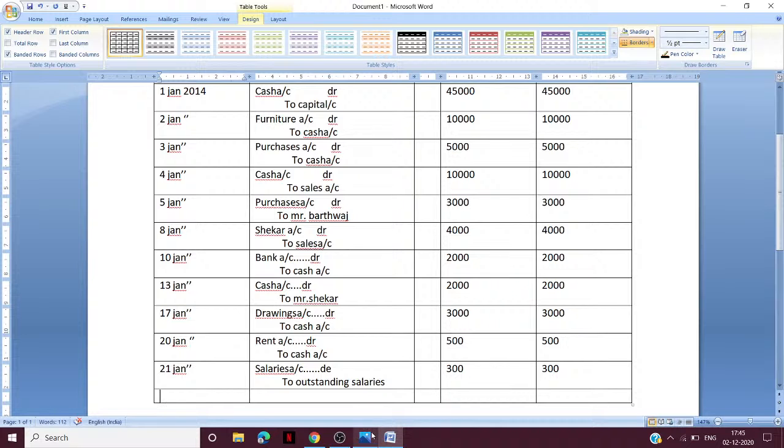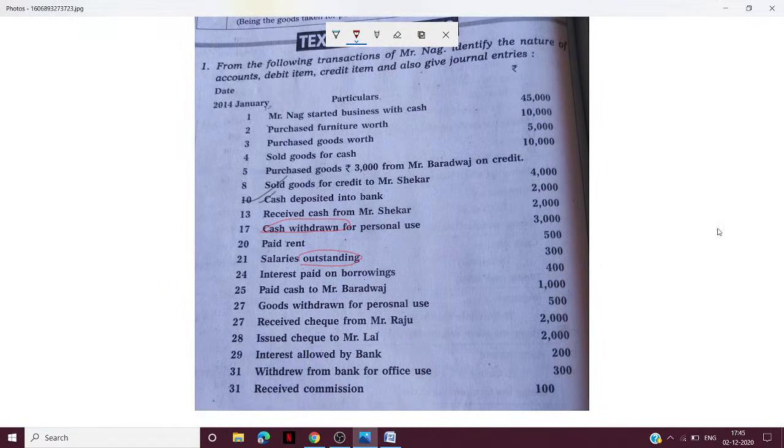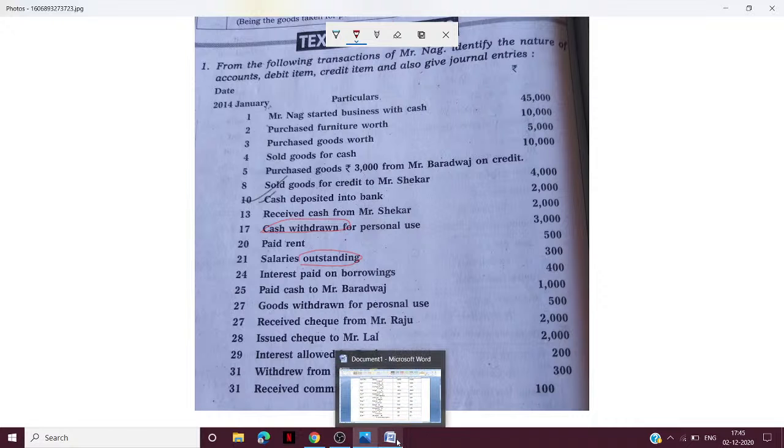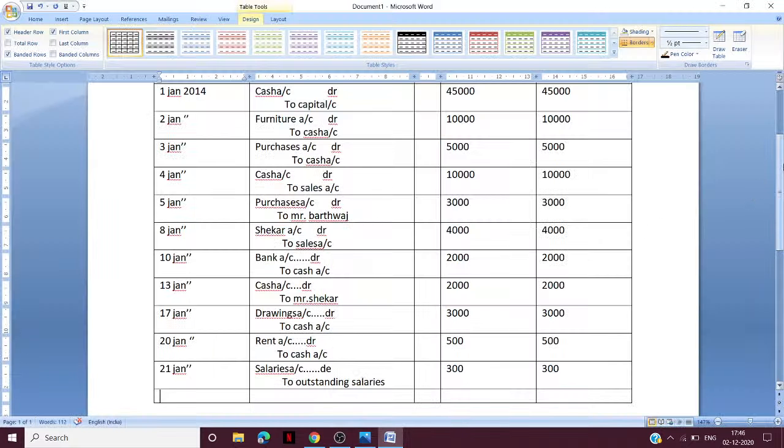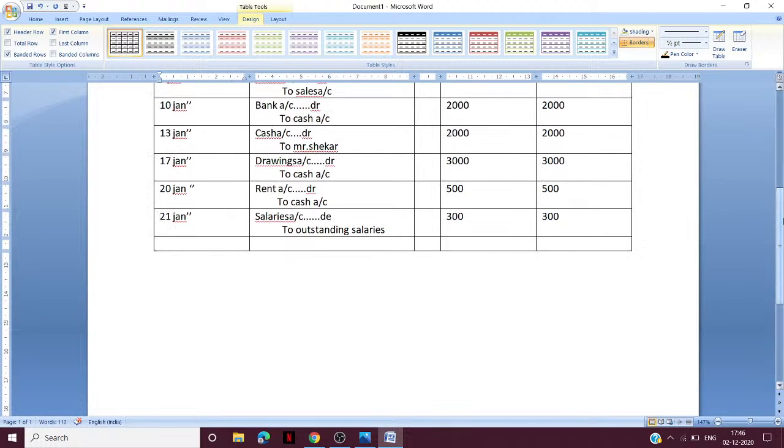Next transaction is interest paid on borrowings. So always remember, any interest paid is to be debited.